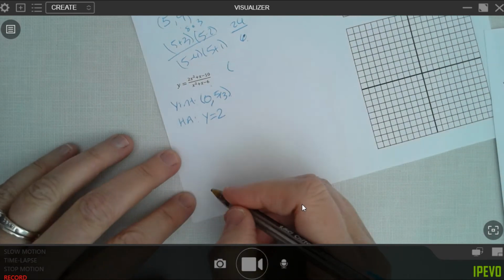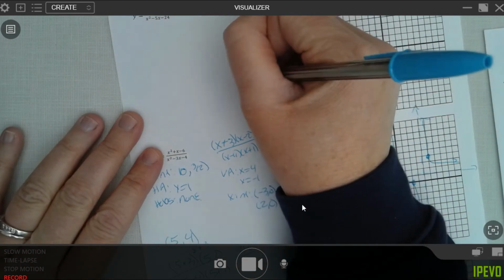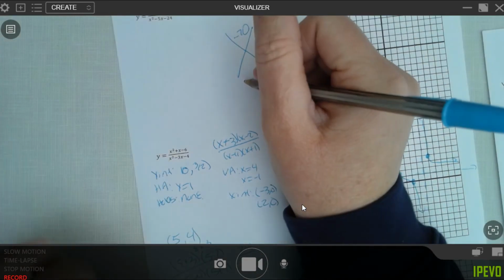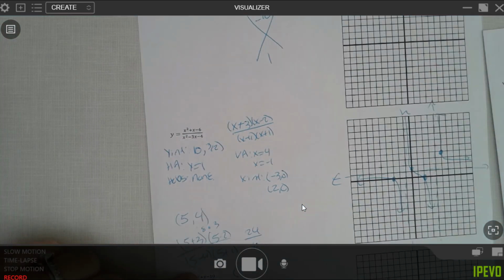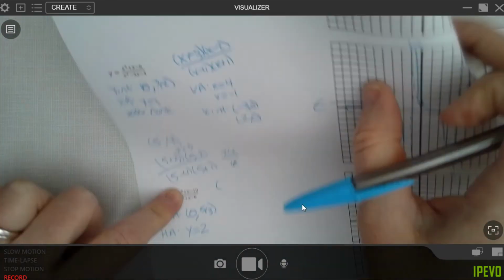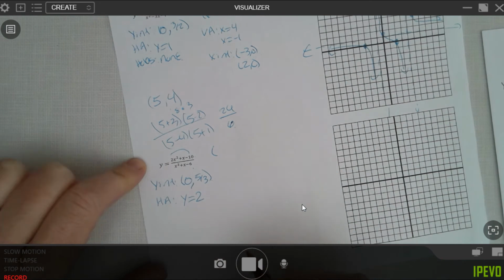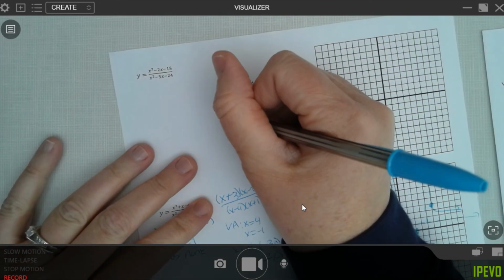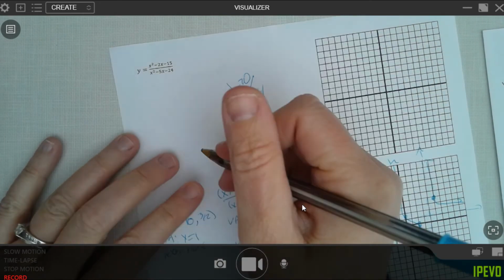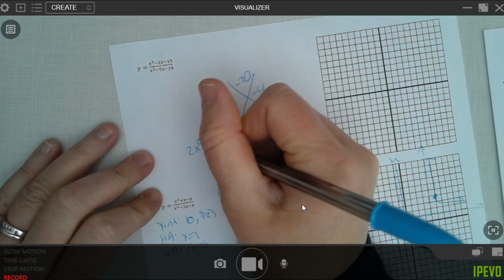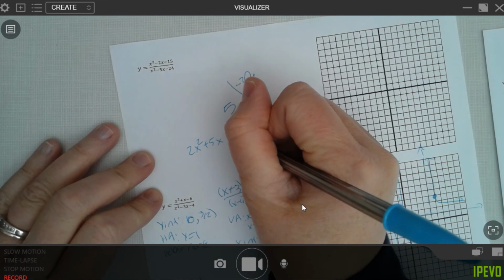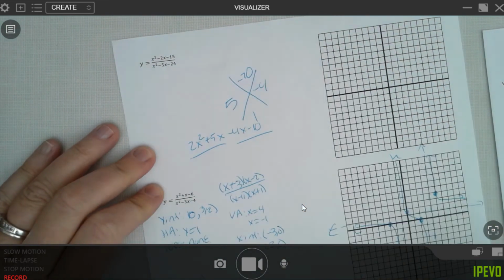I'd multiply to get -20 and add to get 1, because remember you multiply your A and your C to get your middle. That would be a 5 and a -4. Then you'd write out plus 5x minus 4x minus 10, and group it using AC.